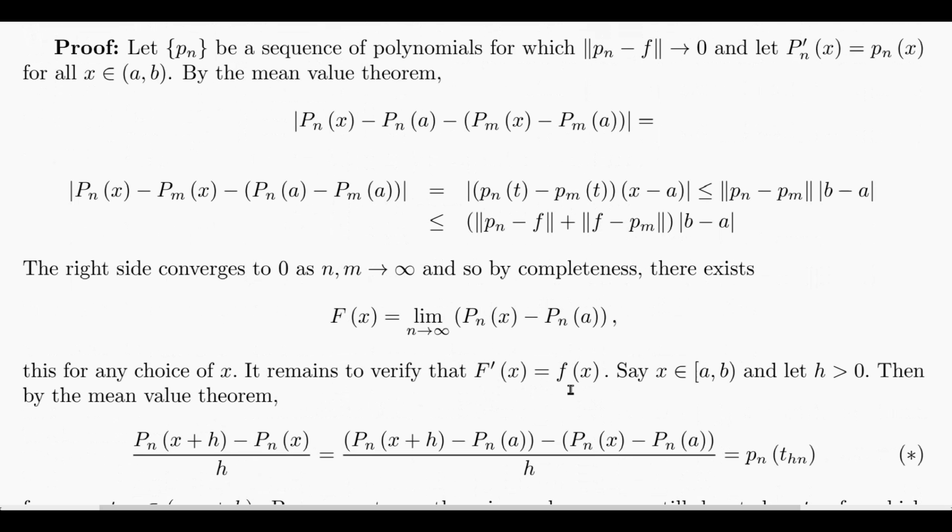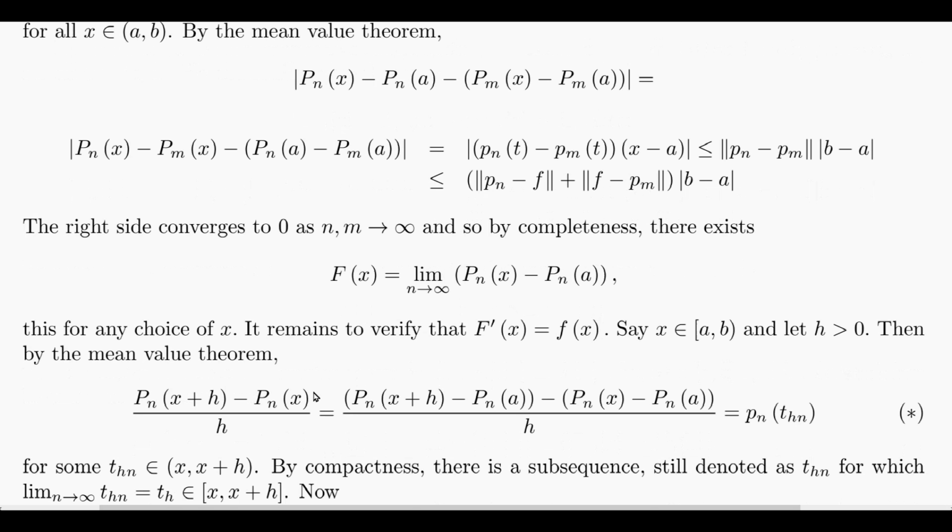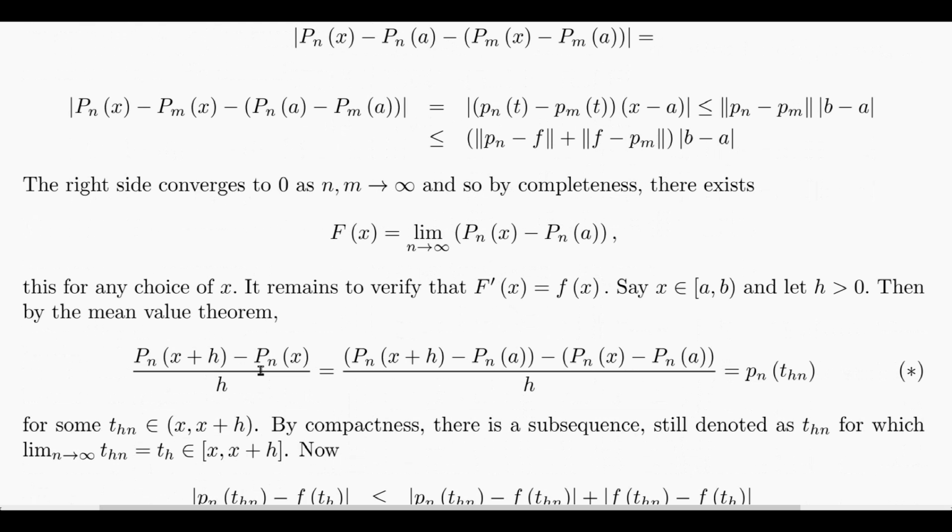So I need to show this. First of all, I'll look at right derivatives. So I will let x be in the half open interval here, and I'll just be looking at h bigger than 0 for now. Then by the mean value theorem, this is equal to this. Now notice what I did here. I subtracted off a p sub n of a from this term, and I subtracted off a p sub n of a from this term.